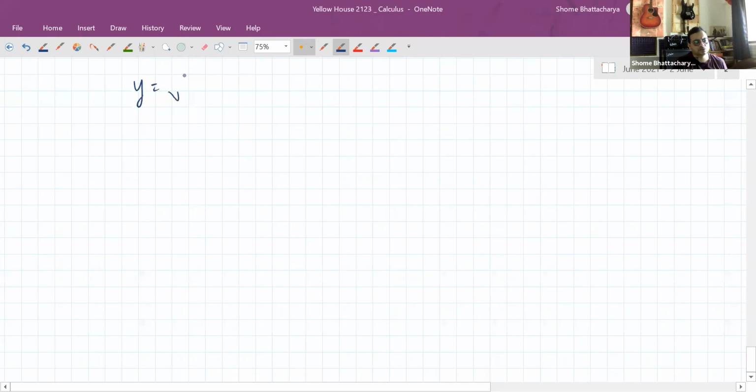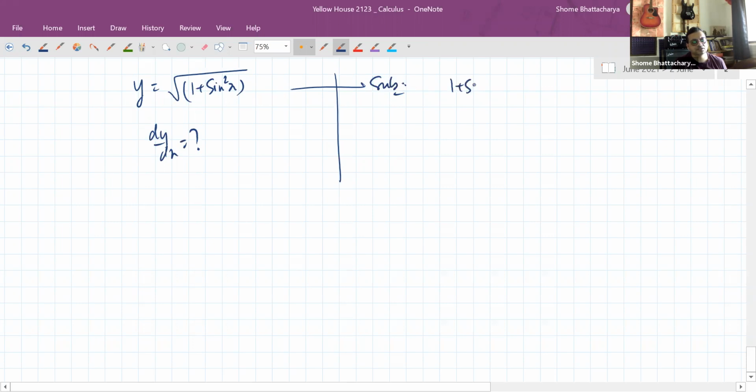So y is equal to square root of 1 plus sine square x. You have to find dy by dx. So first step, substitute 1 plus sine square x as z. So y becomes root z. Okay, so then chain rule.